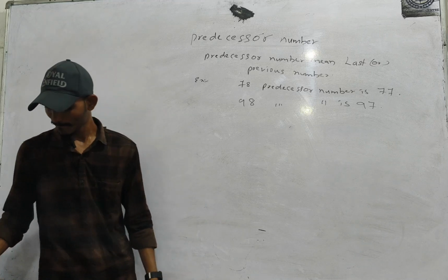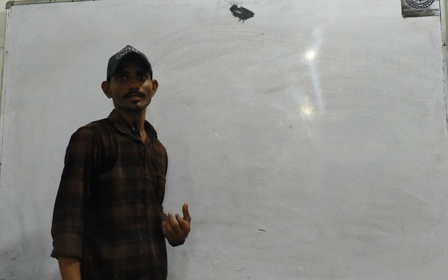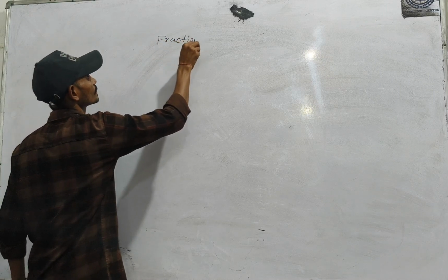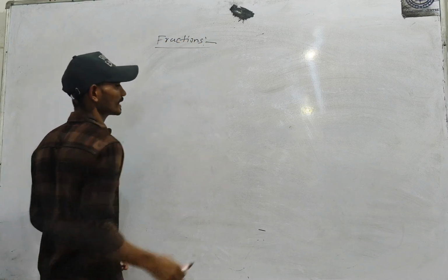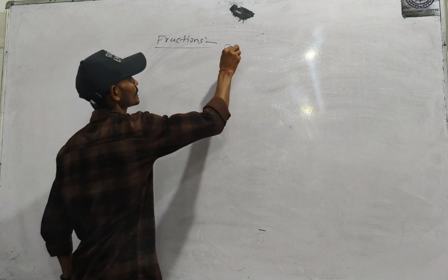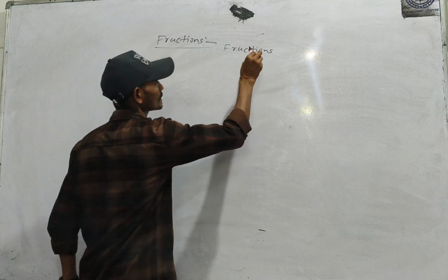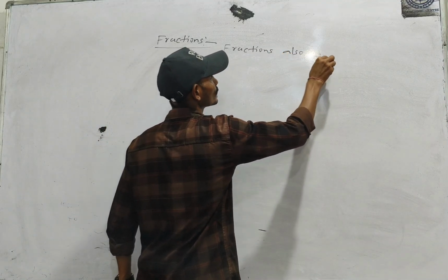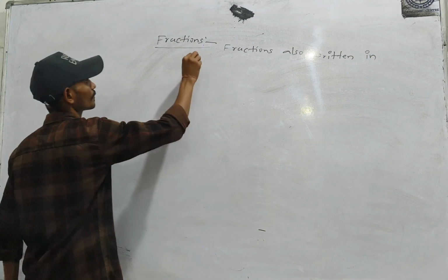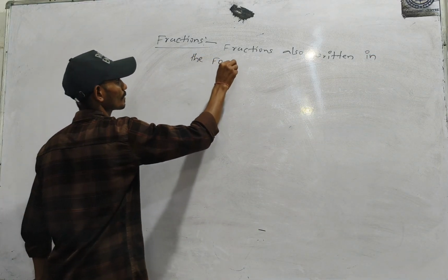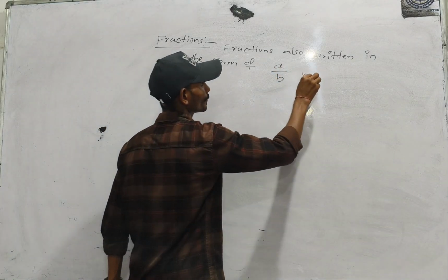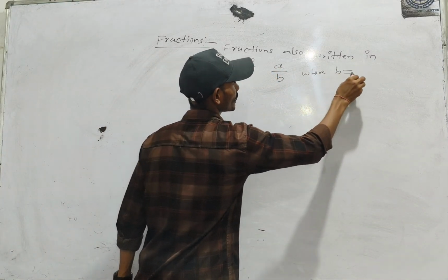Okay, next concept is fractions. What is the definition of fractions? Fractions are always written in the form of a by b, where b does not equal 0.